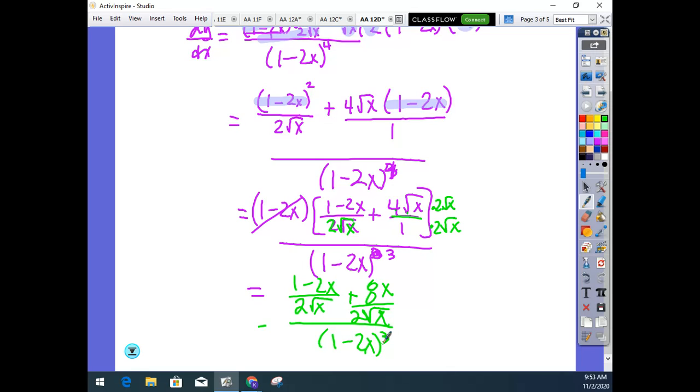Now I can combine like terms. So 1 plus 6x over this 2 square roots of x, and this is all over 1 minus 2x cubed, so then we multiply by the reciprocal. And just kind of squish it together, and we're done.